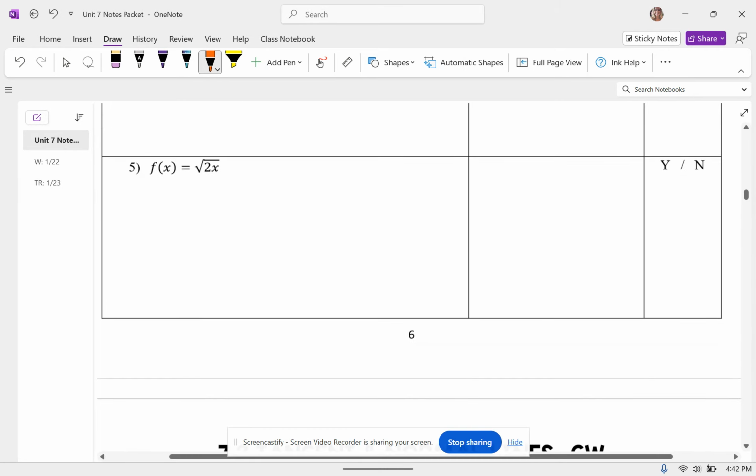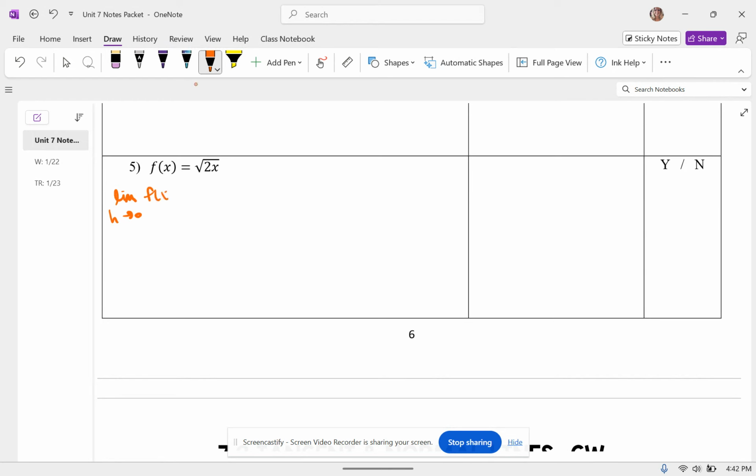So I would say the limit as h approaches 0 of f of x plus h minus f of x all over h is going to be the following. Let's find f of x plus h off to the side. So I would have the square root of 2 times x plus h.